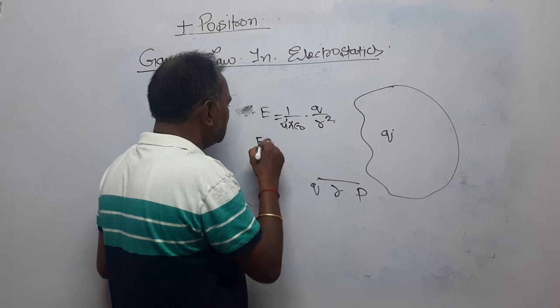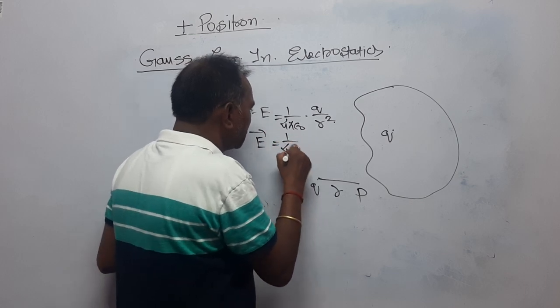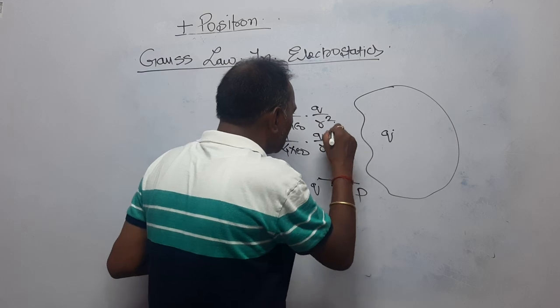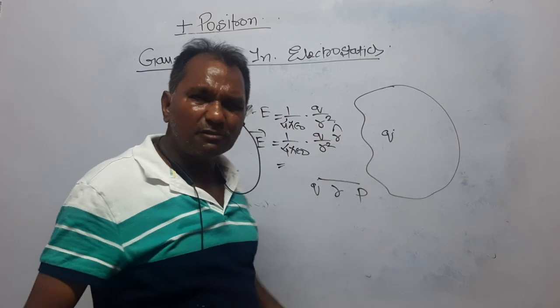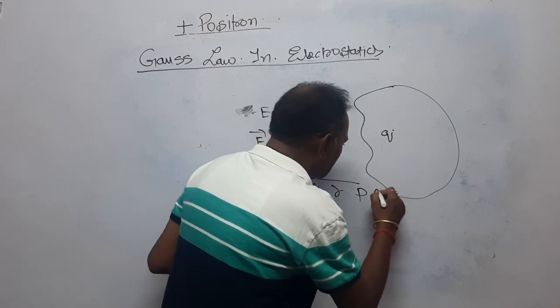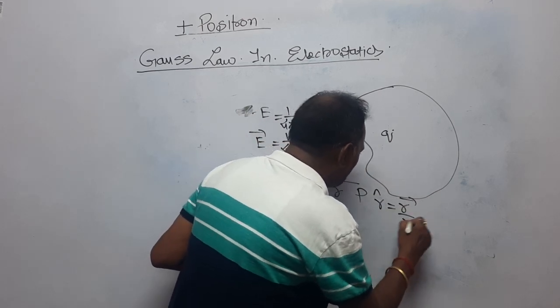In vector form, you can write E is equal to 1 upon 4 pi epsilon naught Q upon R square R cap. R cap also can be written as vector R upon R.